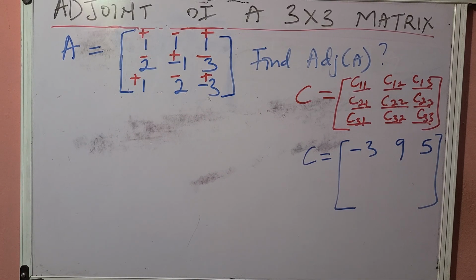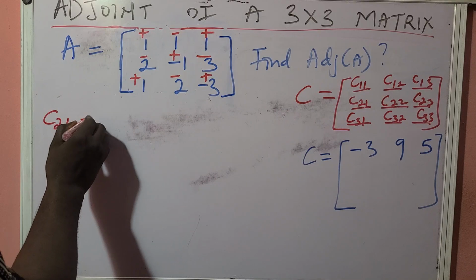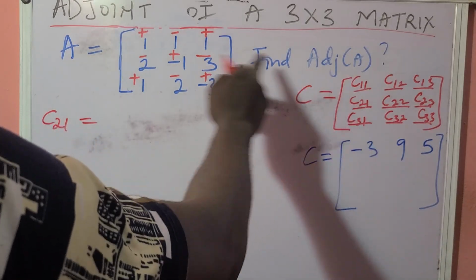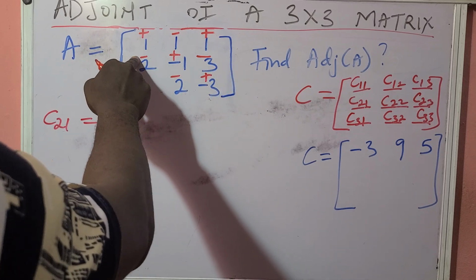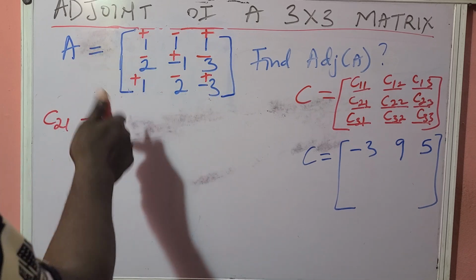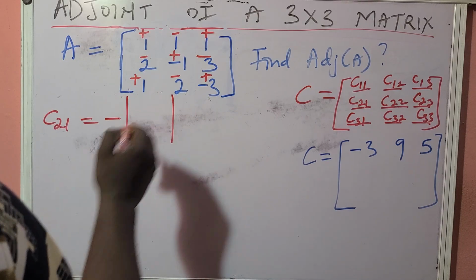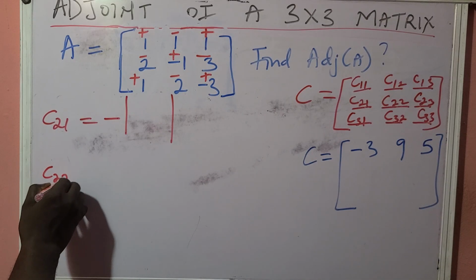All right, so we can go on to find C21, which will be, take a look at the position of C21, that's row 2, column 1. This is where row 2, column 1 lies in the original matrix, and the sign we assigned there was minus. So you put in the minus there, and you open the determinant braces. Then you can go on to write for C22.